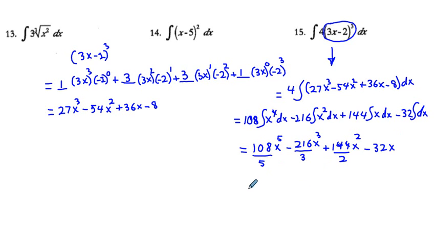So let's clean this up a little bit. We're just going to leave this as 108 fifths. Oh, and what did I forget to do? Add the C. Don't forget to add the C. Okay, and that's going to be x to the 5th power.